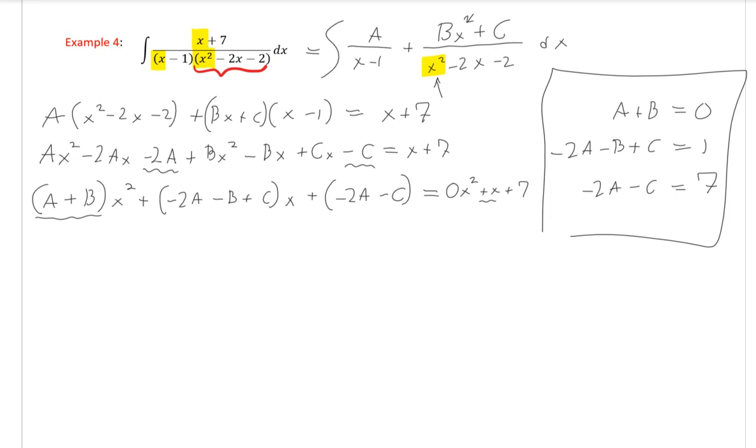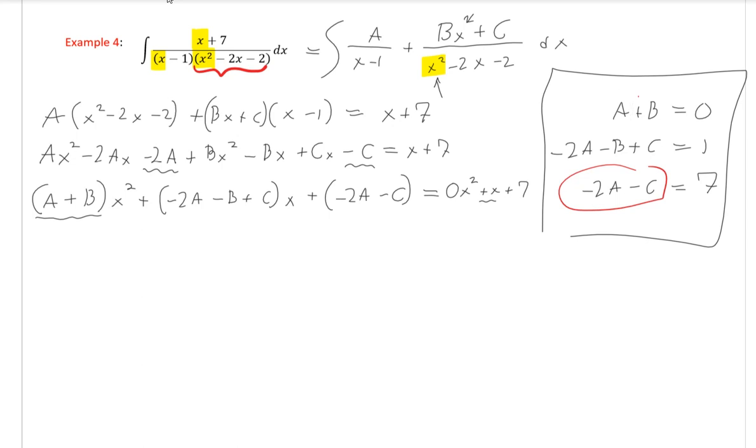Now, when you have your system of equations, there's many different ways to approach this. I see minus 2a minus c, and so I'm going to use the top two equations to make another equation that only involves a and c, so I can start to eliminate from there.